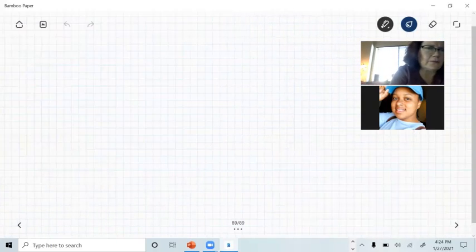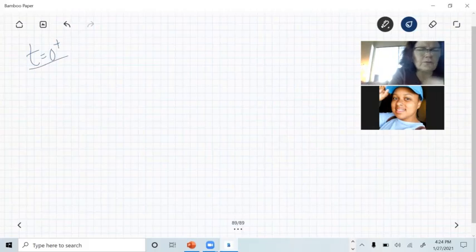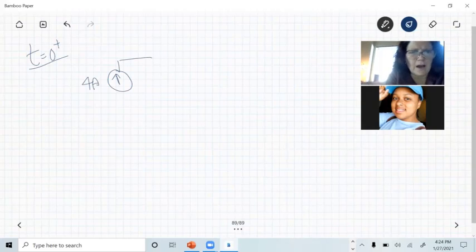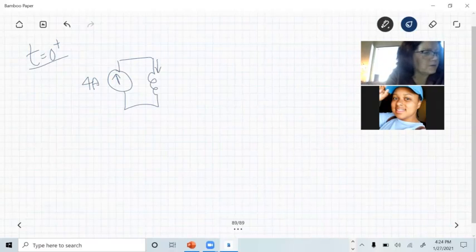So you can go back to the slide and look at it, but at t equals 0 plus, the big change is that the source that was 4 u of t now becomes a 4 amp source because it is switched on. I've had a change in the circuit. So I'm going to draw the inductor back in. I know the current in the inductor is 5 amps.